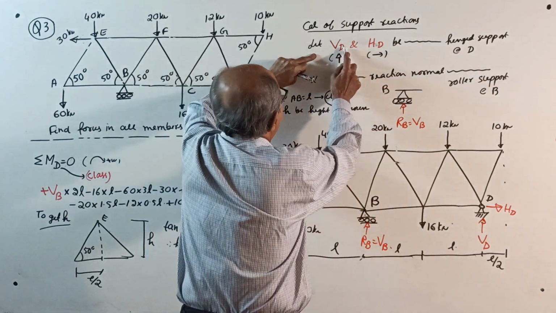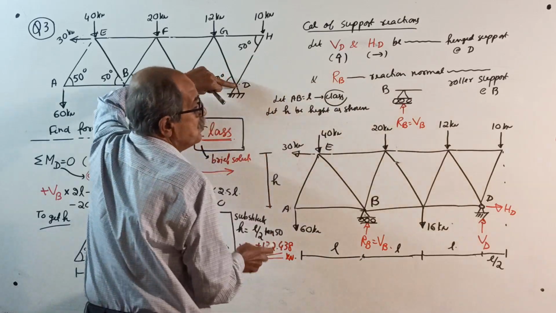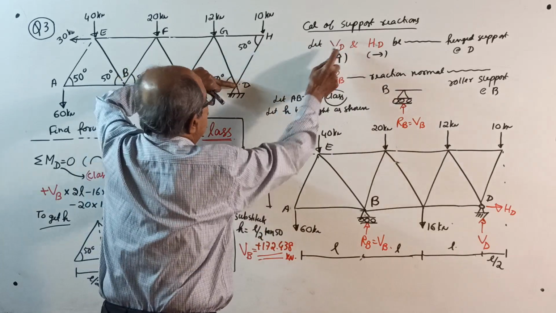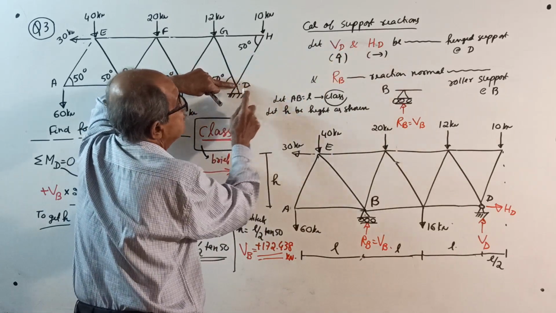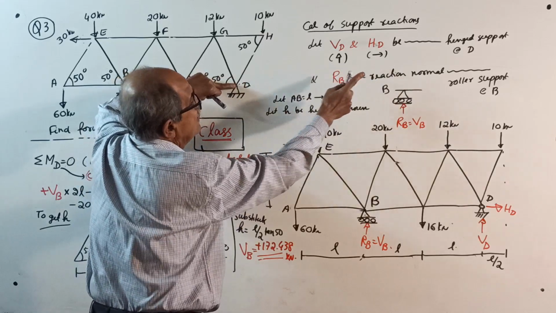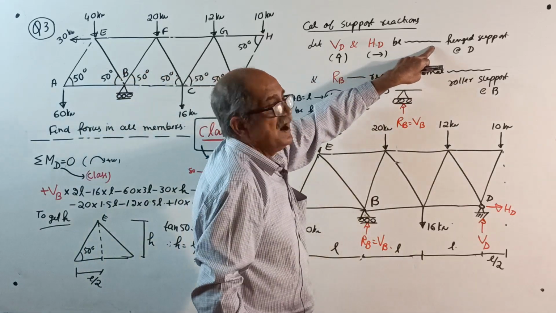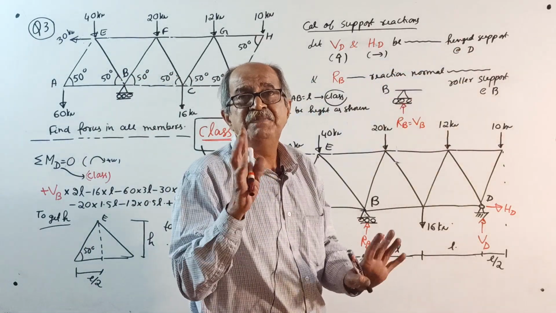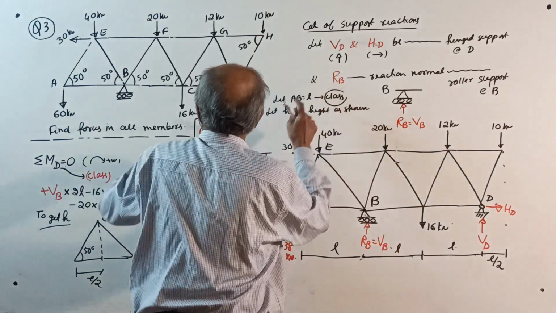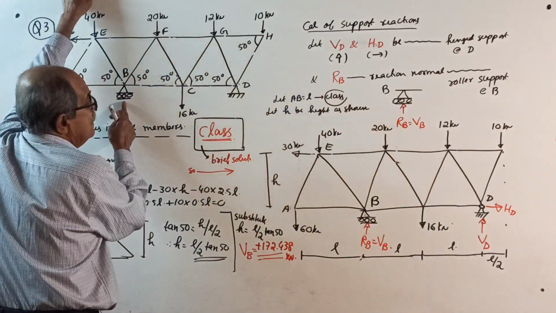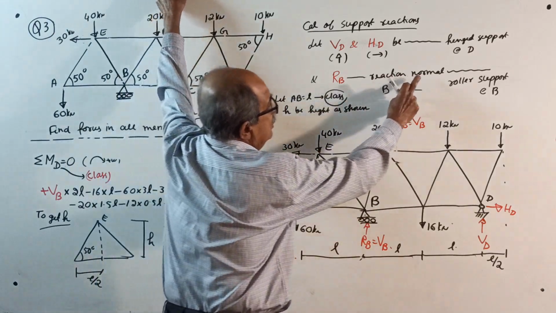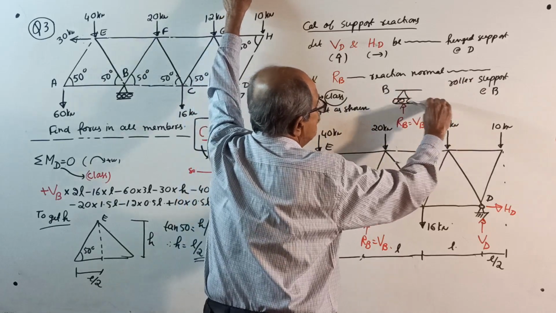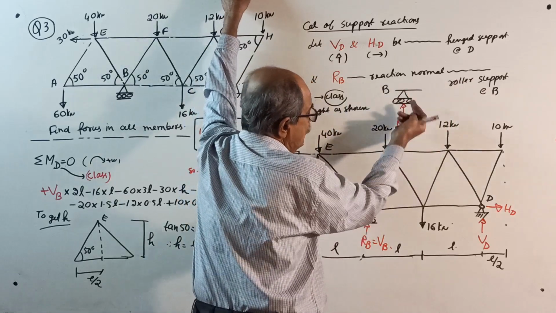See, this D is a hinged support with vertical reaction and horizontal reaction. Let VD be the vertical reaction and HD be the horizontal reaction at the hinged support at D. And let RB be the reaction normal to the plane of the roller at B. But remember, since the roller is horizontal, your RB will become VB.